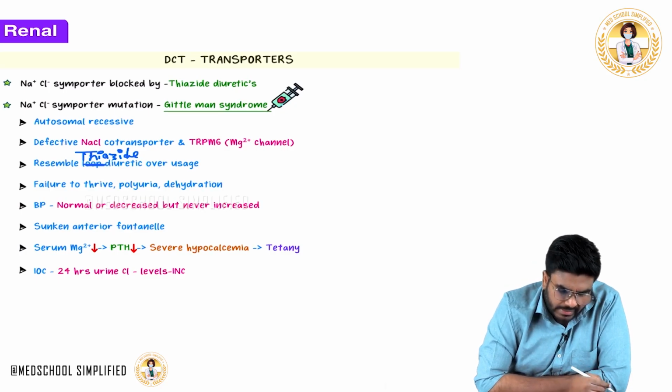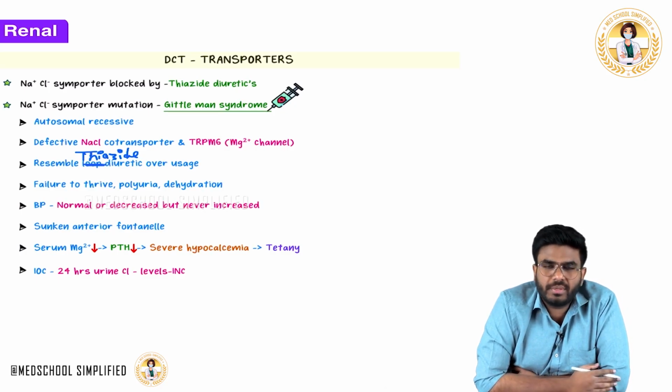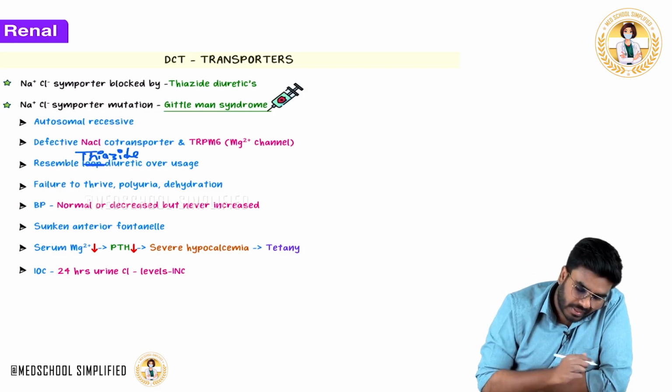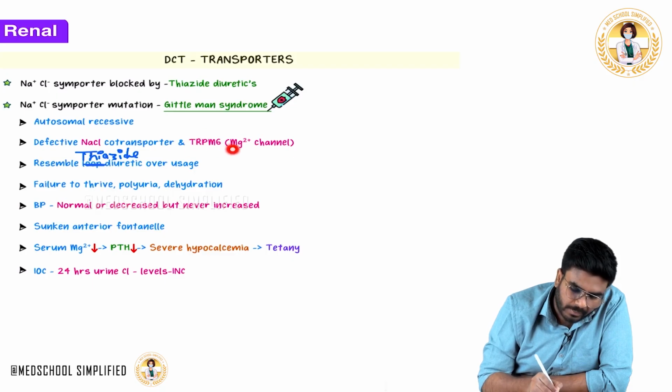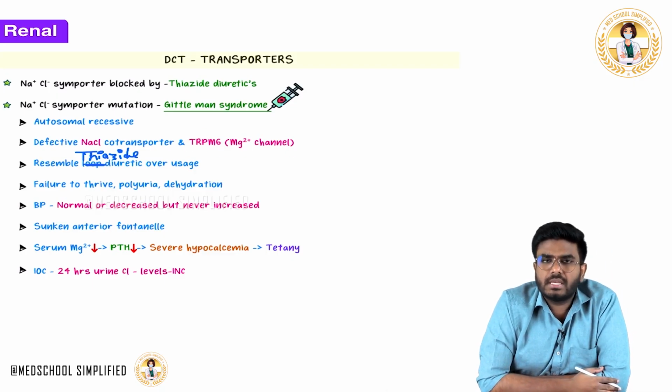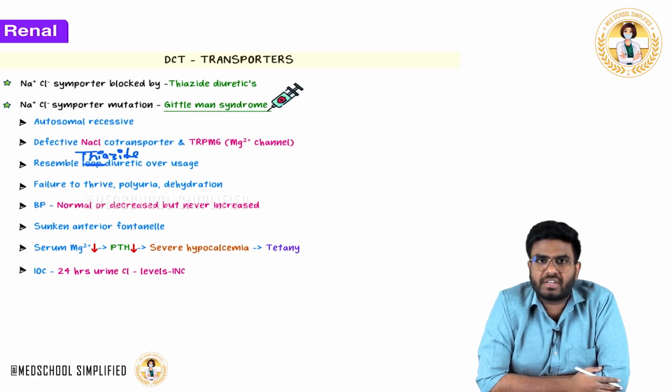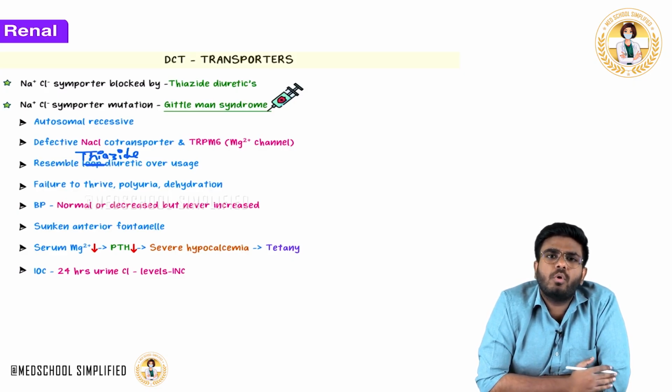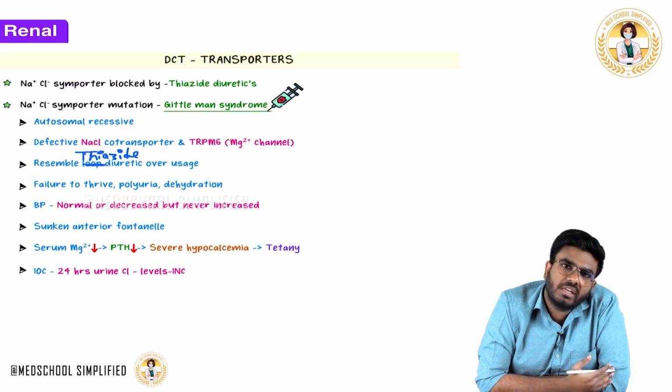Now, what are the clinical features? In Gitelman syndrome, the sodium chloride symporter in the DCT is affected. Not only that, the TRPM6 channels, which are the magnesium channels, are also affected in the nephrons. So more sodium, more chloride and more magnesium are going out in the urine.